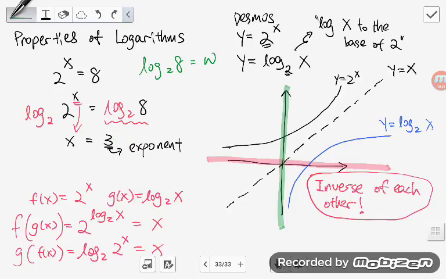In order to do this, number one, we can use a calculator. The calculator can find the answer for us. Or we can convert this into exponential form. Right now, what I have here is in log form. I'm going to convert this to exponential form. So this is log 8 to the base of 2.